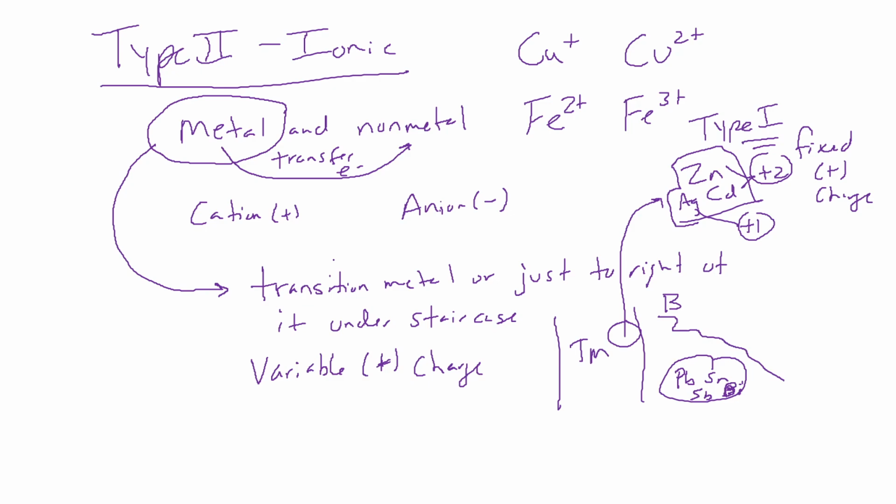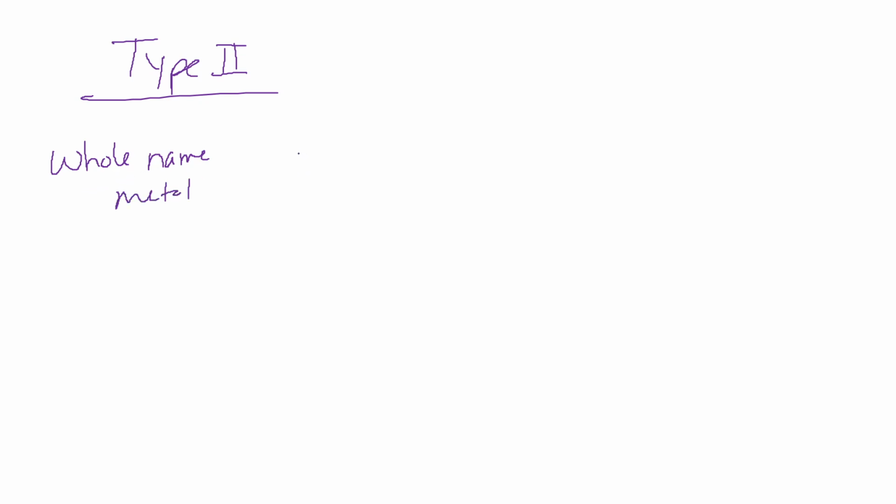So how do we go about naming these guys? Well, we follow something very similar to type 1, but with type 2 we still use the whole name of the metal. The non-metal is still going to be used. We're going to drop the last part like we did previously with type 1, and add the -ide.